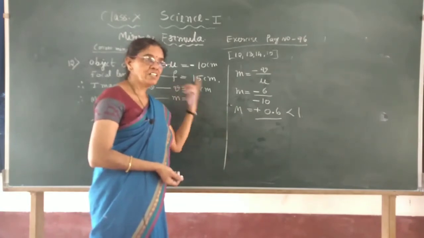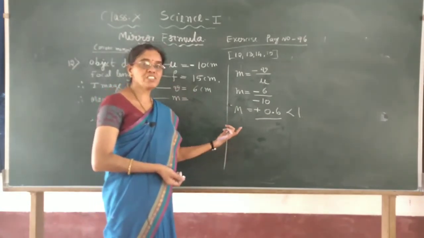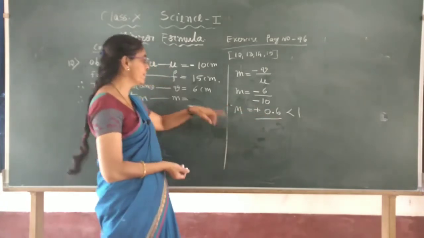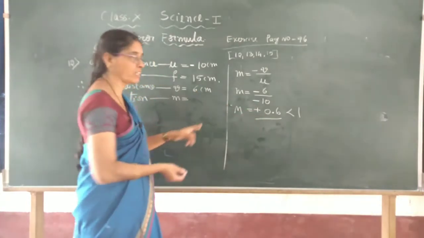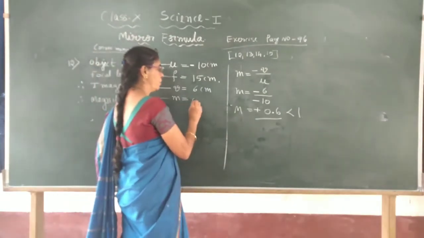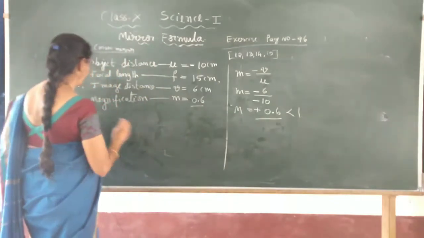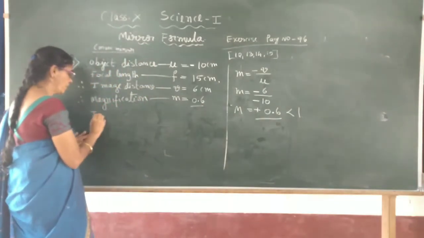So it is an erect image because it is virtual, and it is a diminished image formed 6 centimeter away from the mirror. So magnification is 0.6 here. Okay. So lastly you can write the virtual image, right?